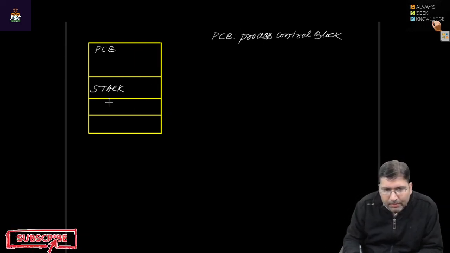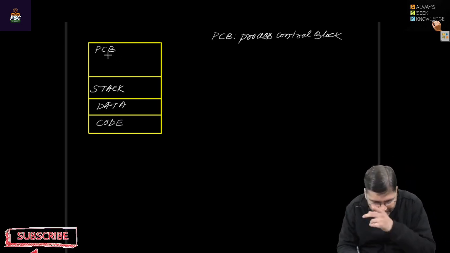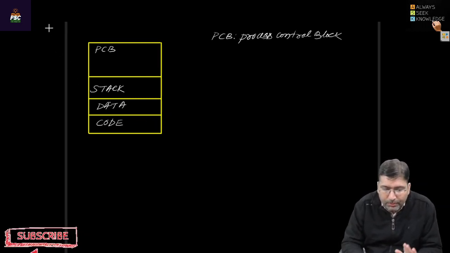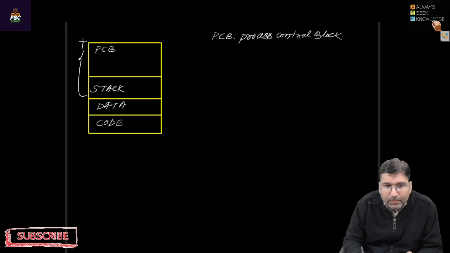And then we have the data block, so let's say I'm writing data here, and we have the code block. Okay, right? So all these things are maintained for every process. Is that okay? Now, these two things, the stack and the PCB, set the context of the process.